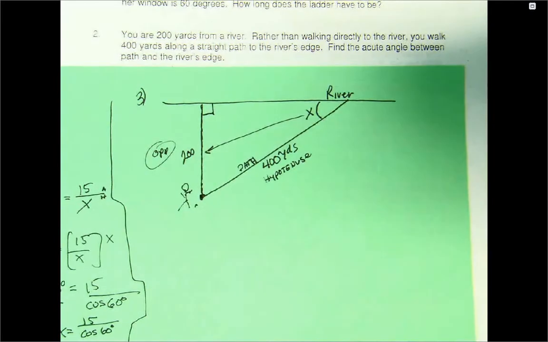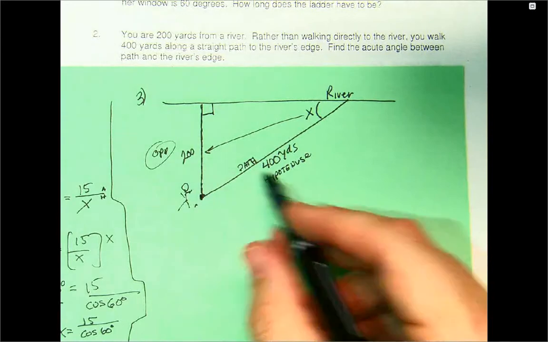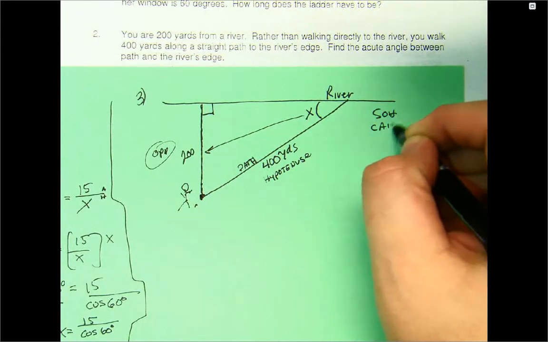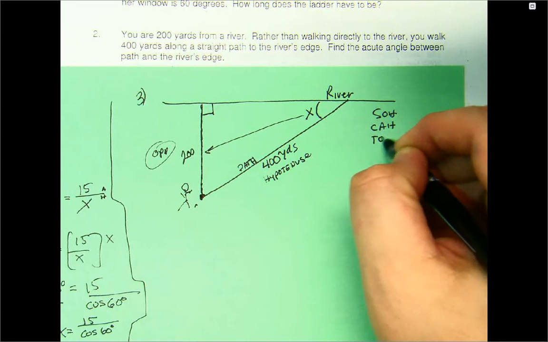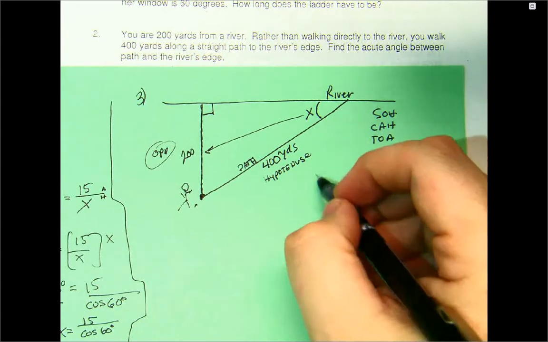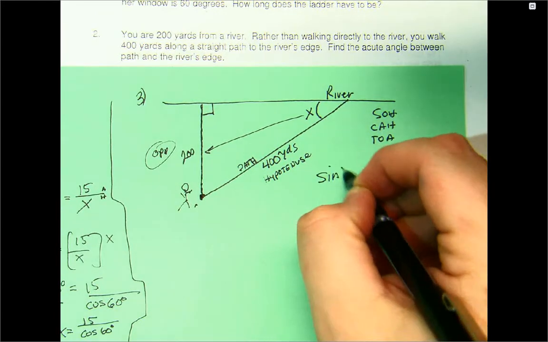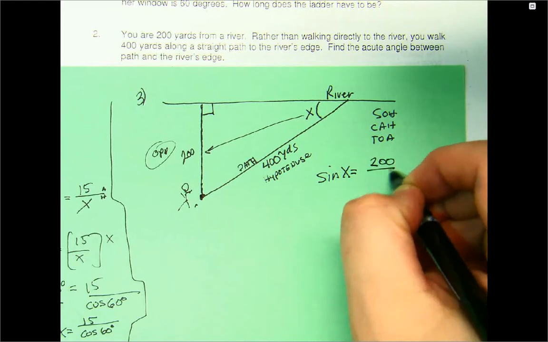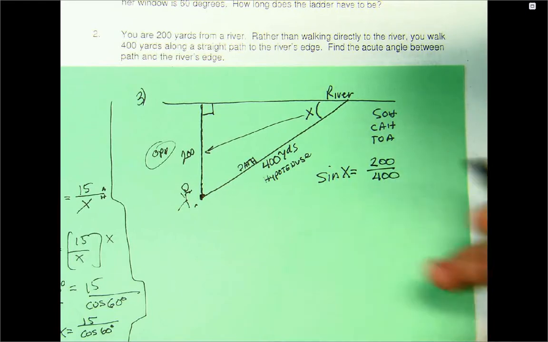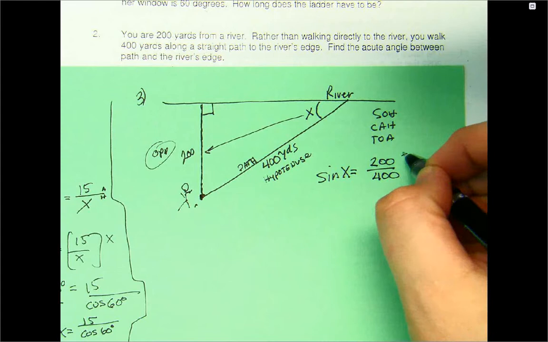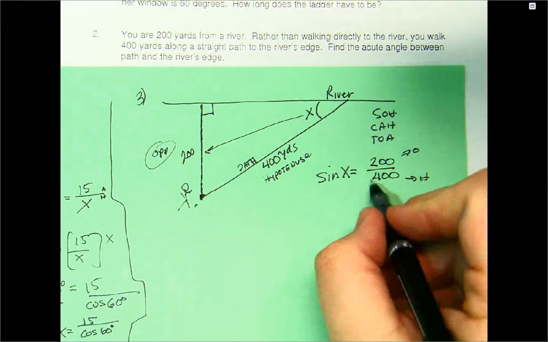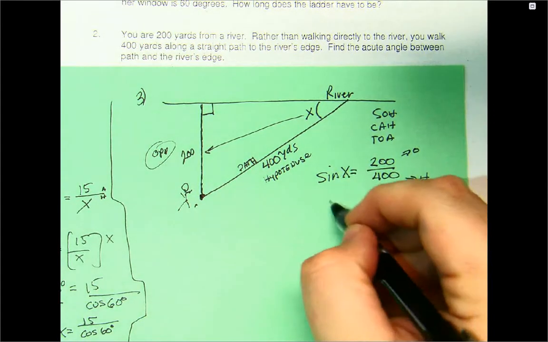So if I think of SOH CAH TOA, yep. Sine of x is equal to 200 over 400, because that's my opposite side, that's my hypotenuse side. So sine of x is equal to 1/2.